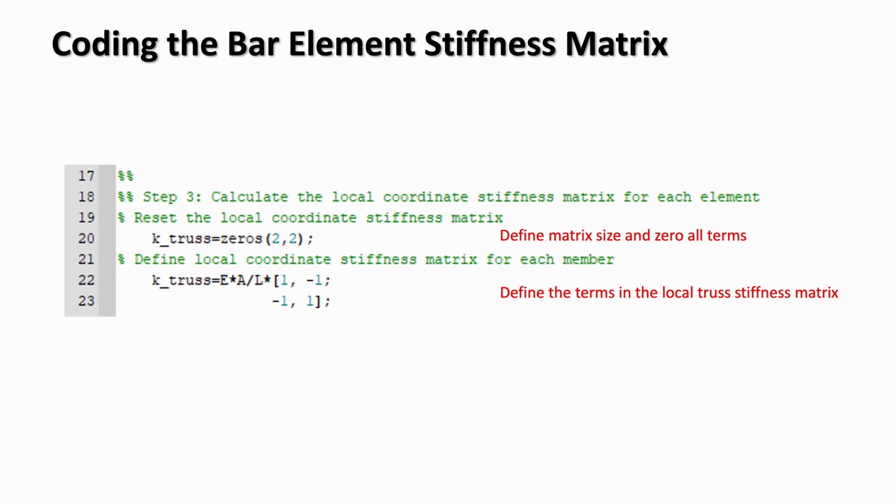You can see here that a matrix is bounded by square brackets, and each row of the matrix is separated using a semicolon. So you can see here I've got my EA over L, and then I multiply it by the matrix that we developed of row 1: 1, minus 1, and then semicolon, row 2: minus 1, 1.